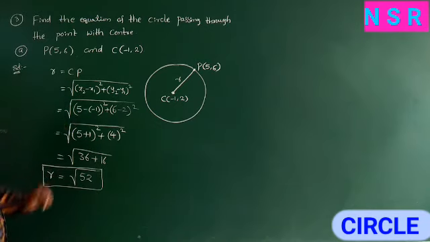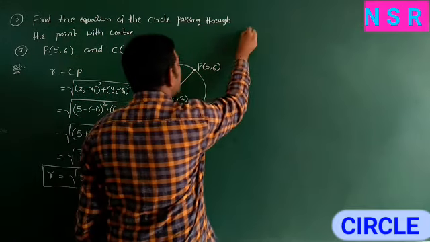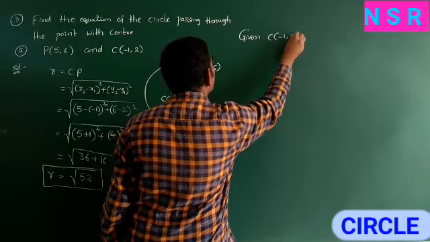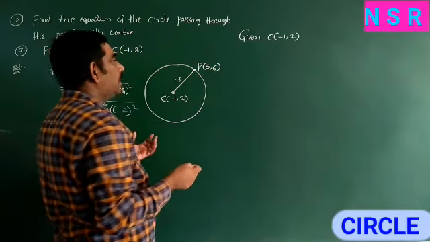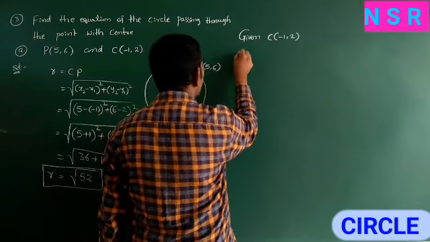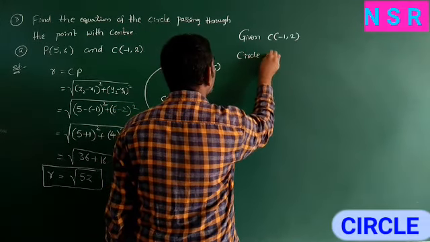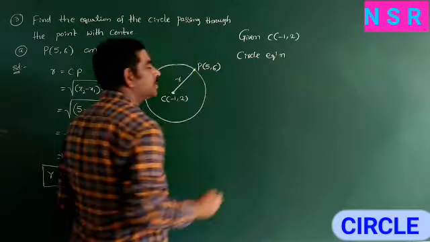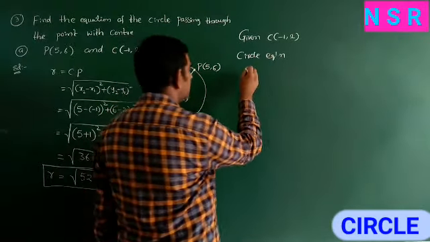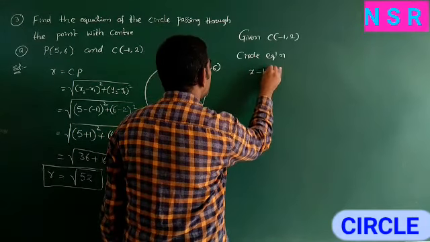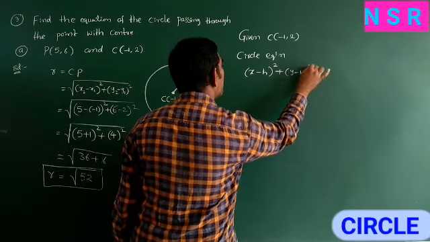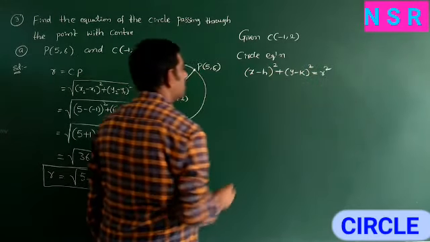So already we have the center. Given here, center C is (minus 1, 2). Now we have the radius and also we have the center. Now, the circle equation. If we have center and radius, apply the standard form of the circle equation: (x minus h) whole square plus (y minus k) whole square is equal to r square.